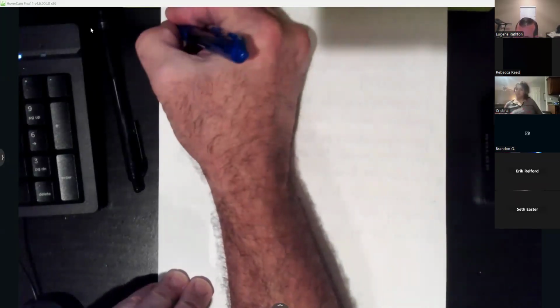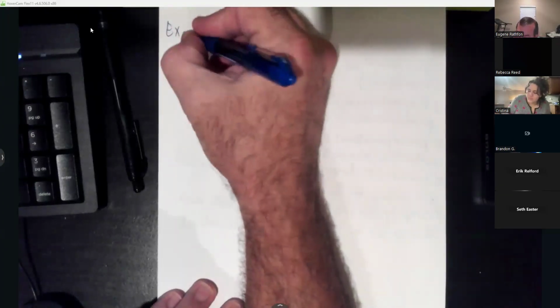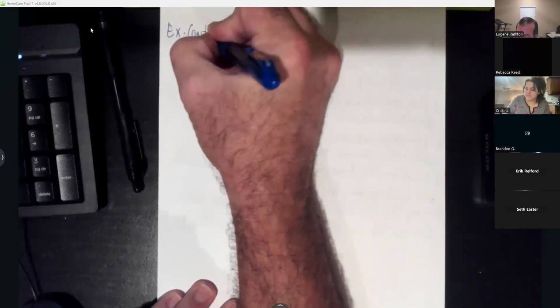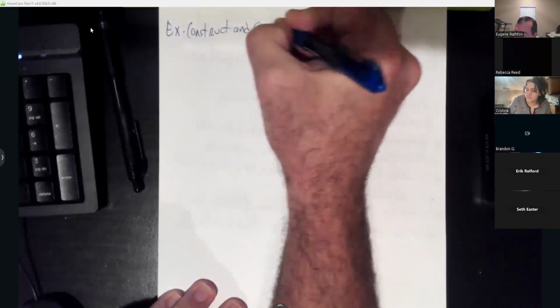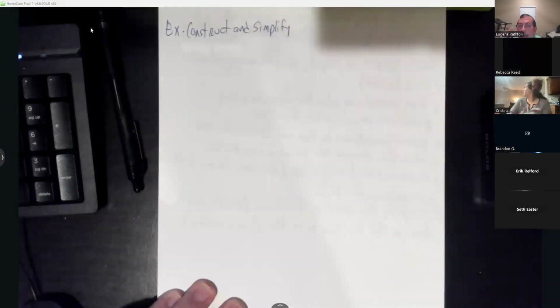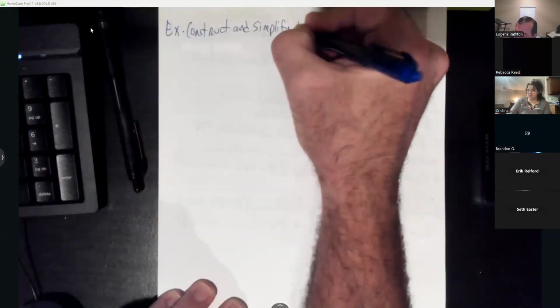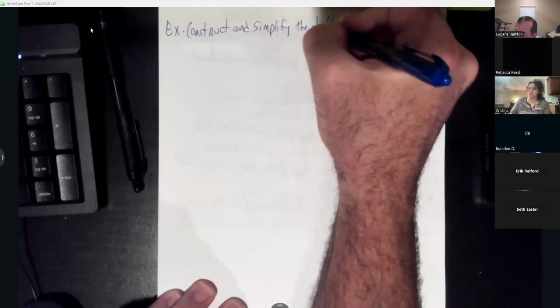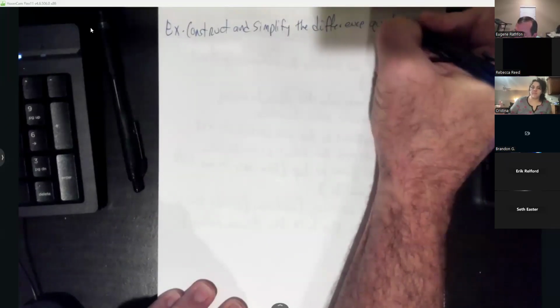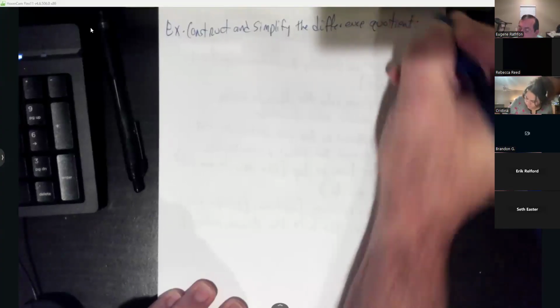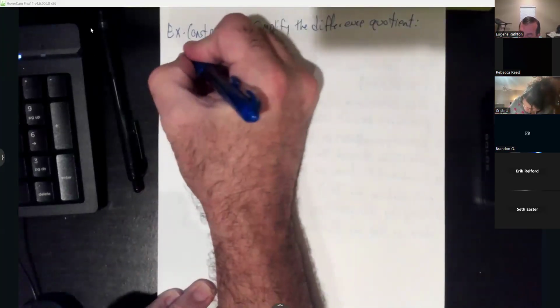All right, y'all, I'm gonna turn this over. So these examples are going to say construct and simplify the difference quotient. Now they're going to give us the formula each time.